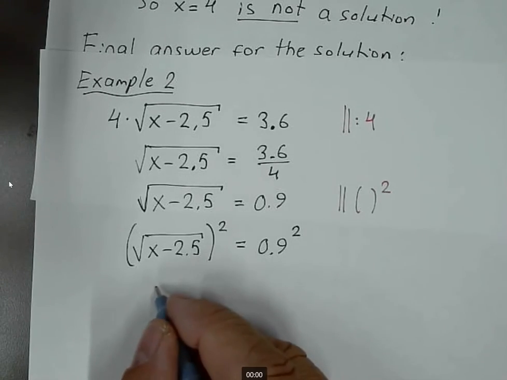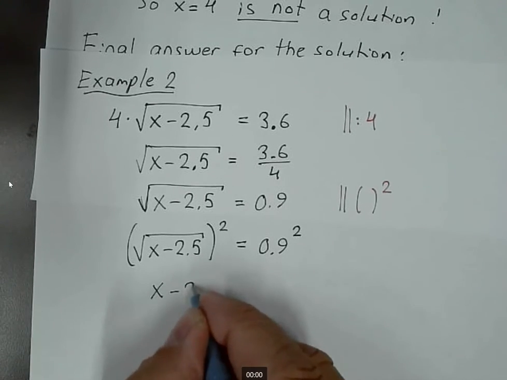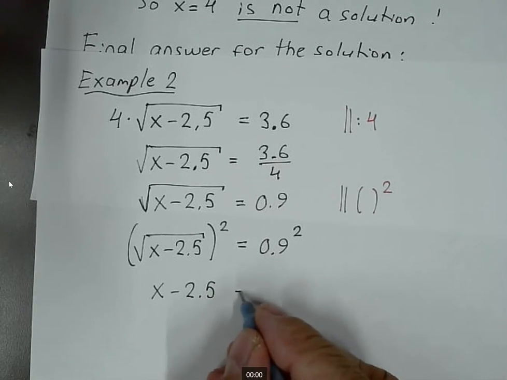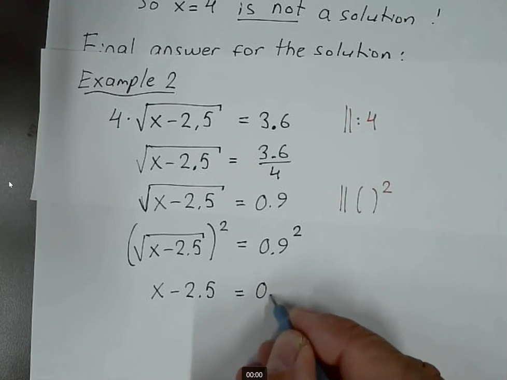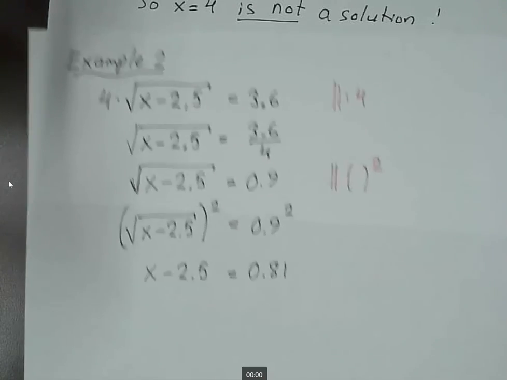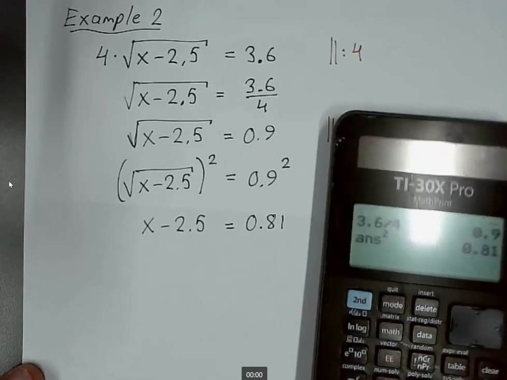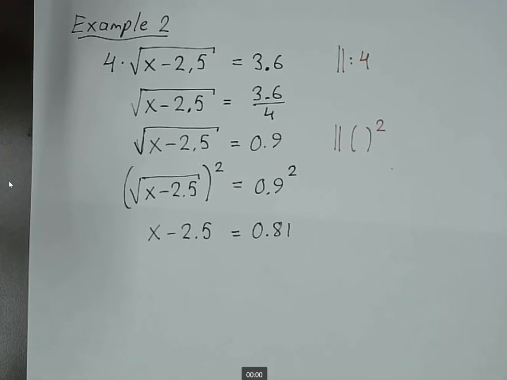So in the left hand side we can eliminate the root sign there, so we only get x minus 2.5, and here, well, this is easy, 0.81. Let's check. 0.81. So that leaves us a very simple equation.